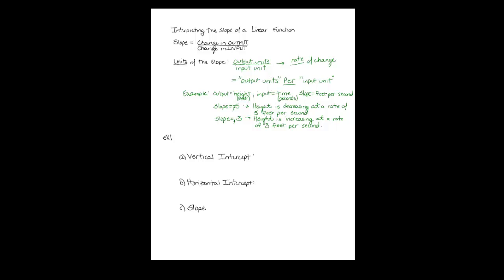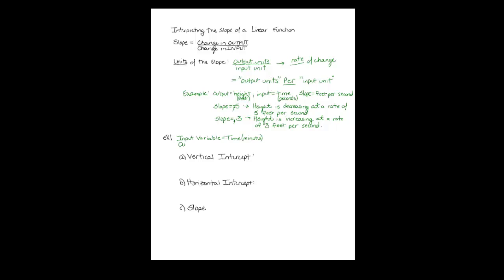So here in example 1, we have a graph that shows the amount of water in a tub over a 10-minute time period. So looking at this graph, the input variable, remember that the input is always plotted along the horizontal axis, is time measured in minutes.